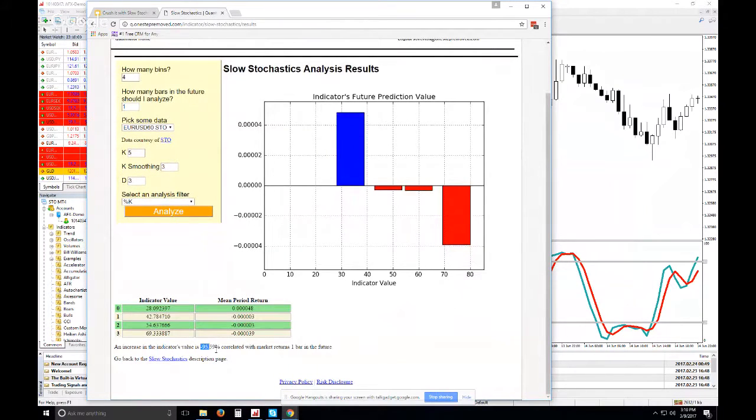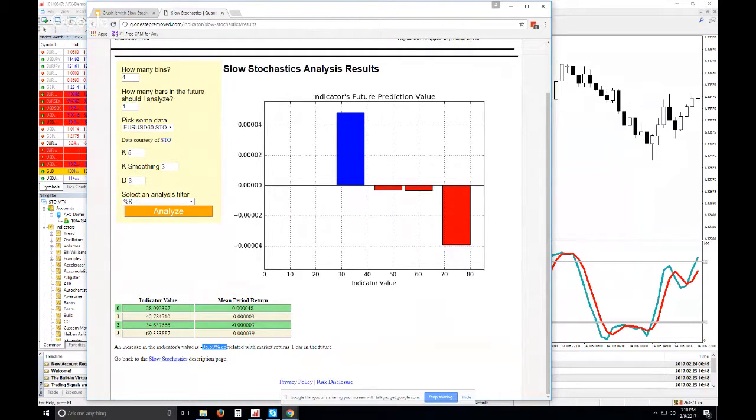And if you look here, you can see that the slow stochastics indicator is negative 95% correlated with average future returns. I see a lot of people get confused about what a negative 95% correlation means. A lot of people immediately jump to the assumption that this means it predicts 95% of trades correctly. Not true.